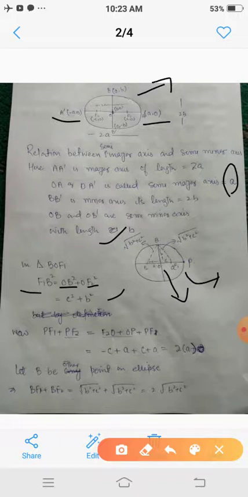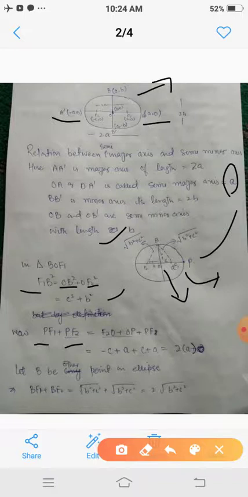Now if we consider a point P, then by definition PF1 plus PF2 equals, now PF2 can be written as F2O plus OP.